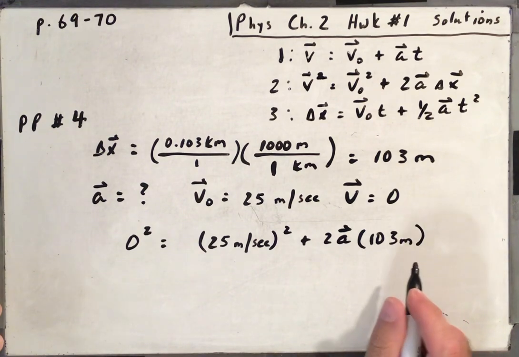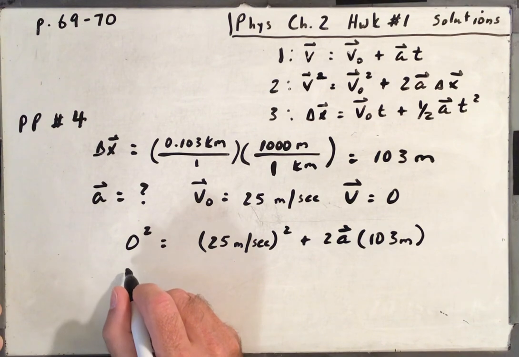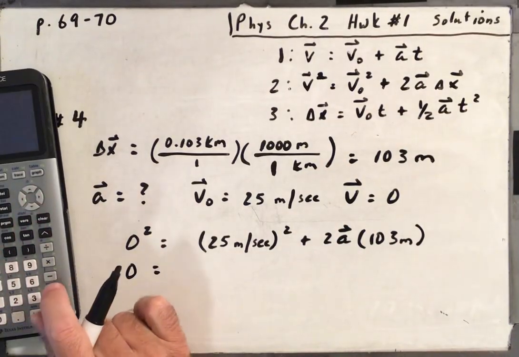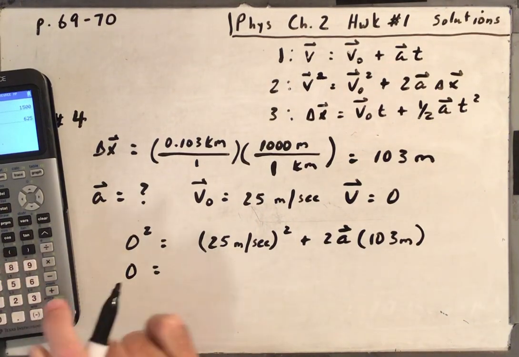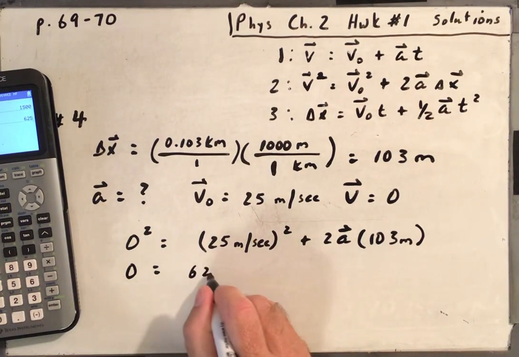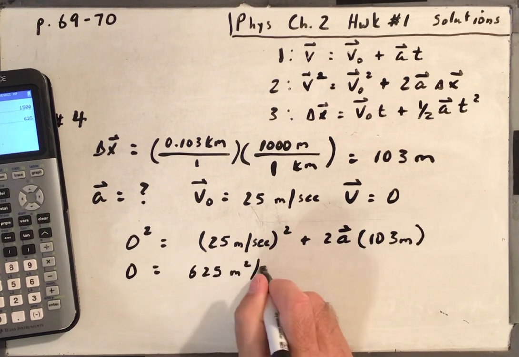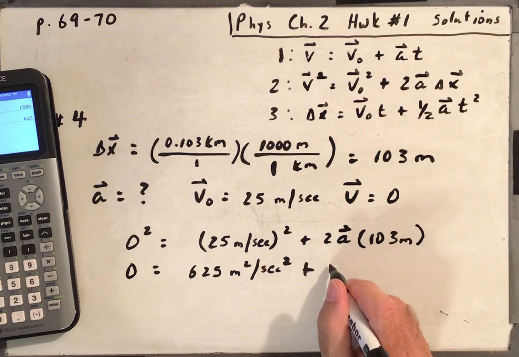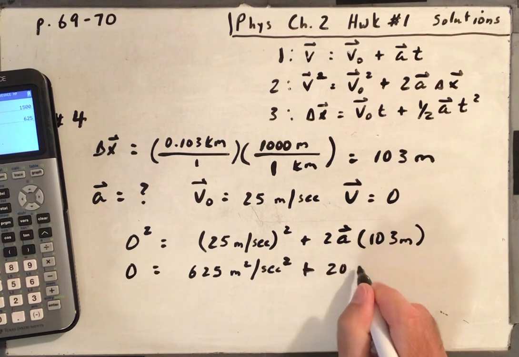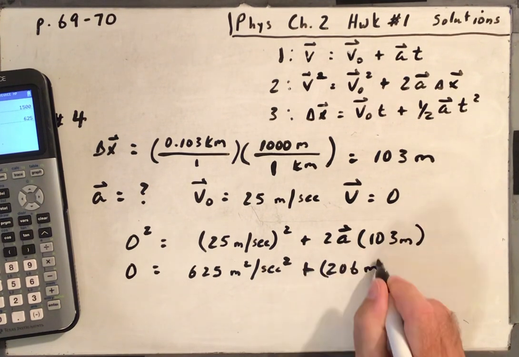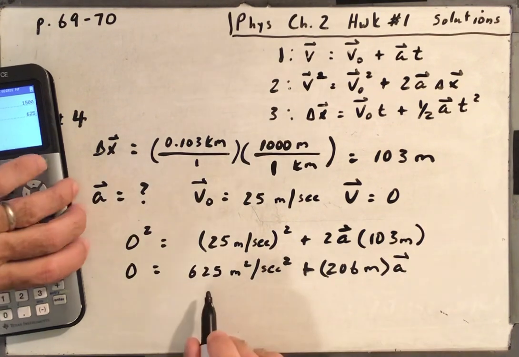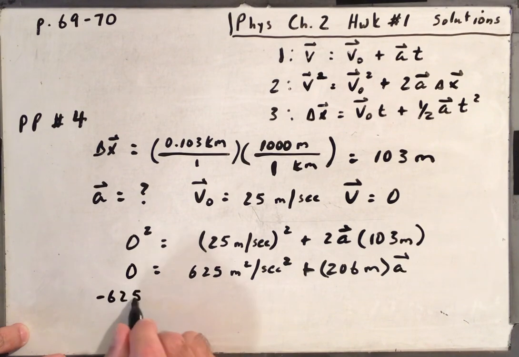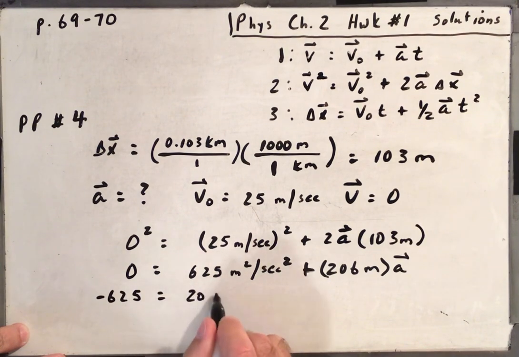All right, so this would be 0 is equal to 25 squared, is 625, plus 2 times 103 would be 206 times a. So let's move this 625 to the left side. That'd make it negative 625 is equal to 206a.